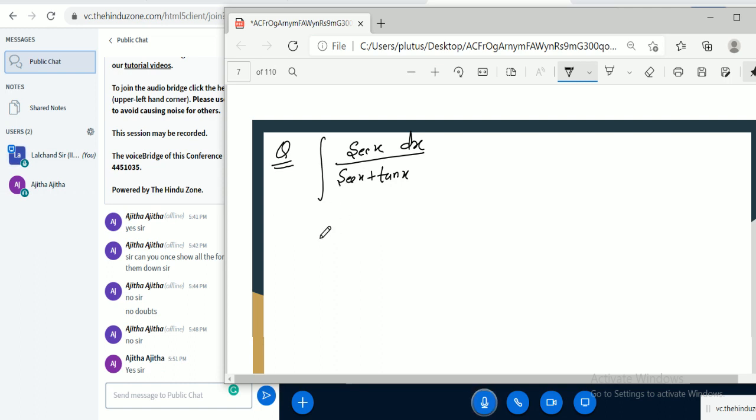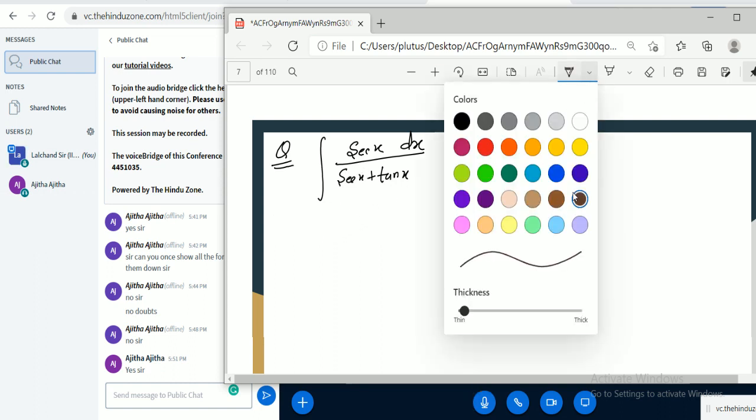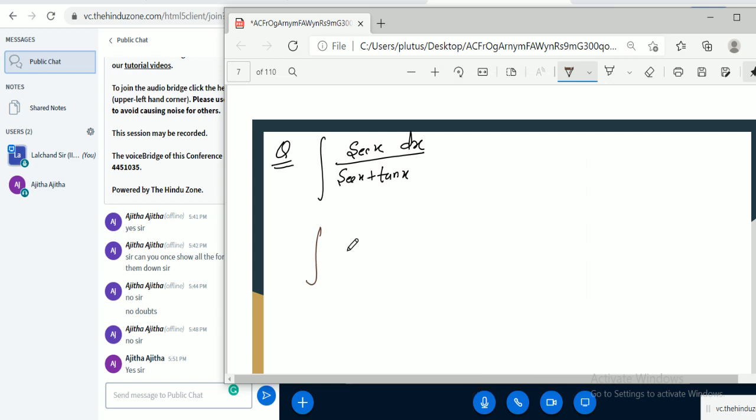So we can write integral of sec x divided by sec x plus tan x.